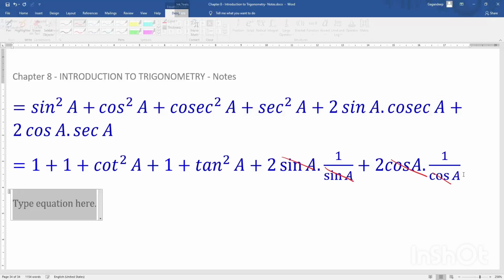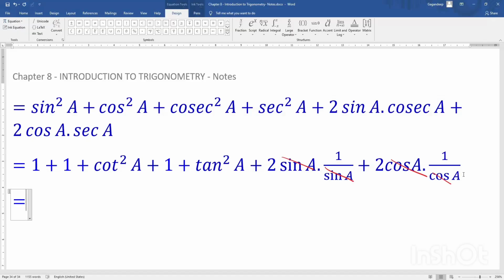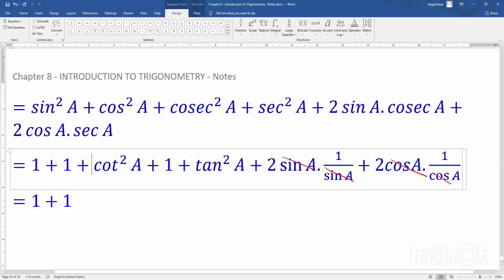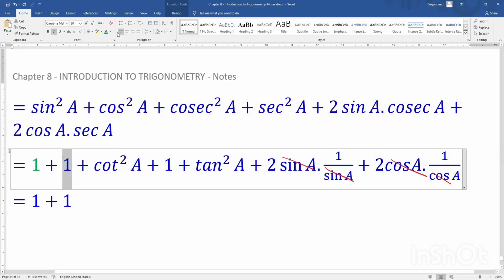So now it will be 1 plus 1 plus 1, and here also 1, total 3. Then this is also 1, here also 1, and this part has 2 and this part 2.